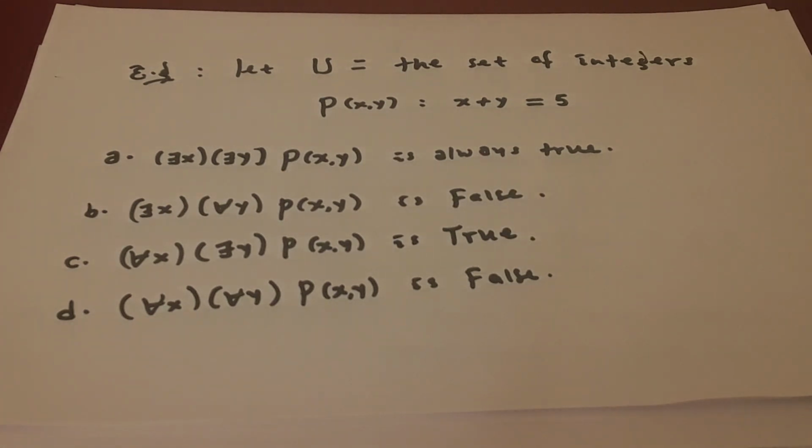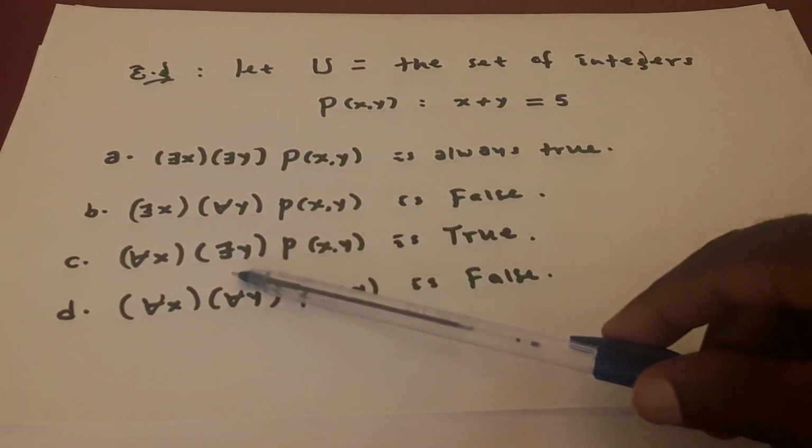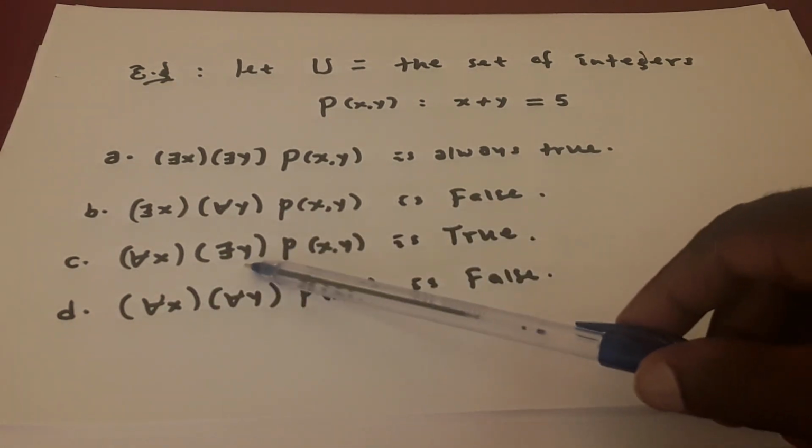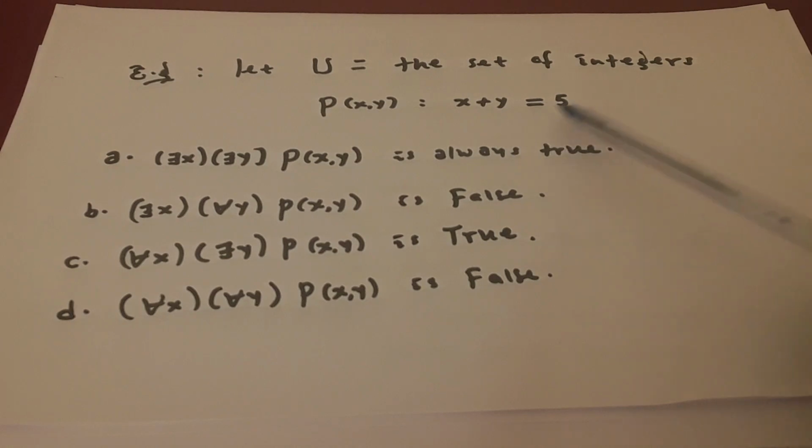Then the third part: for all x, for some y, p of x, y. That means for every integer x, there is an integer y such that x plus y is 5.